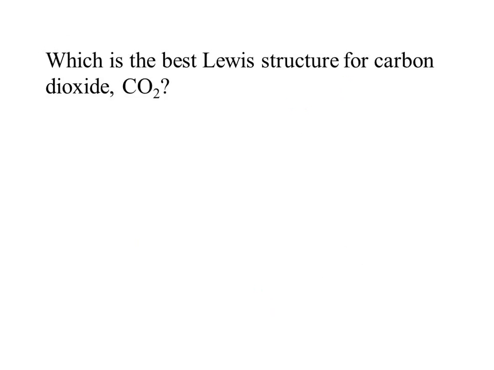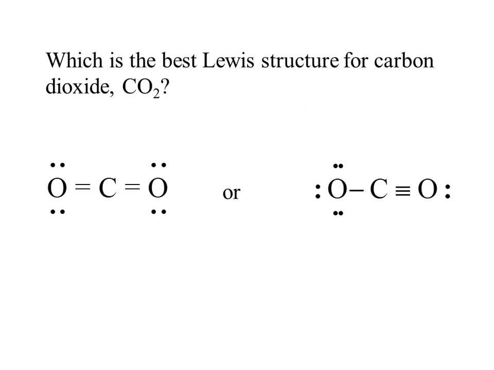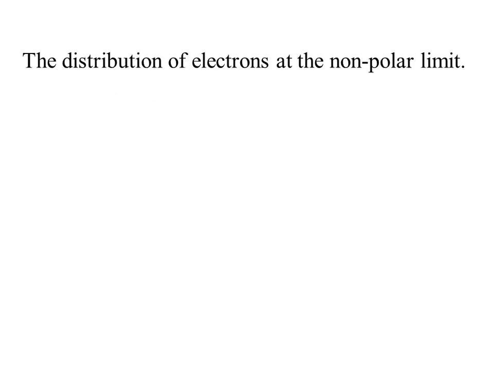All right. So let's look again at those 2 Lewis structures, A and B, for carbon dioxide. And we can come up with the formal charges of the 3 atoms in both cases.